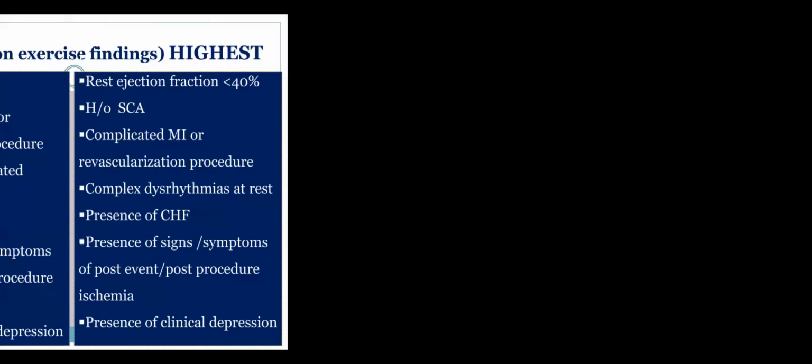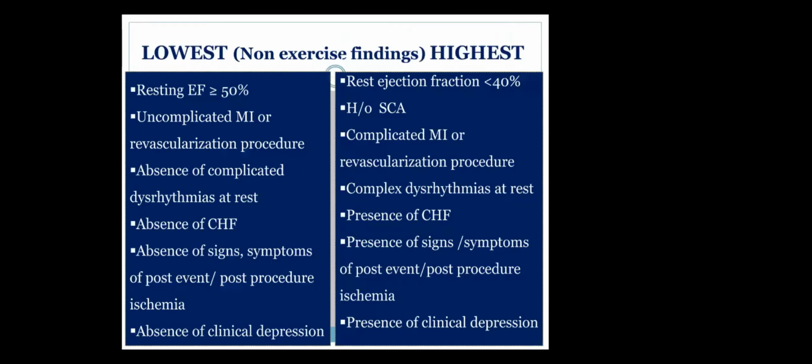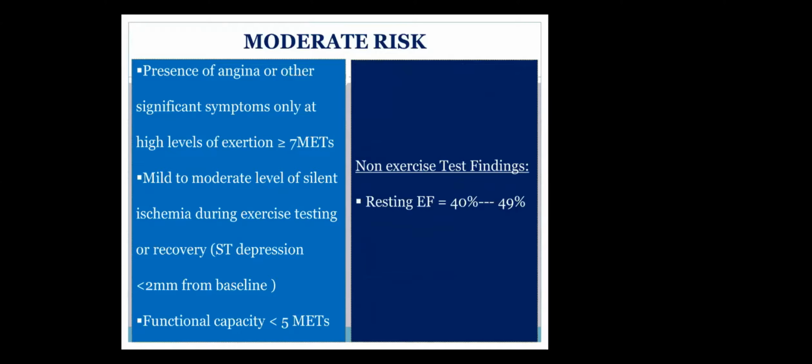In high risk, we just saw, with exertion of less than 5 minutes, the patient also has presence of angina. Whereas in case of moderate, there may be presence of angina or other significant symptoms, but only at high levels of exertion, that is more than 7 minutes.